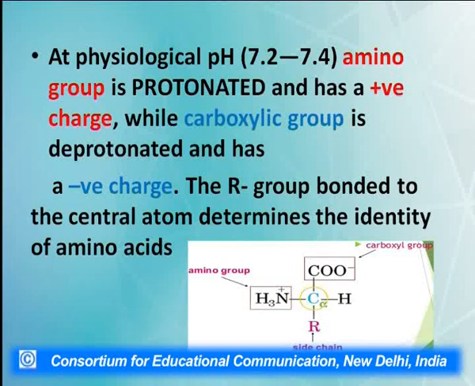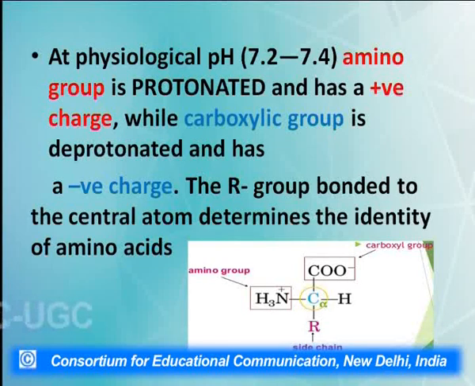The amino group acts as a base because of the lone pair of electrons on nitrogen, and it is protonated. It accepts a proton from the carboxylic group and carries a positive charge. The carboxylic group is acidic in nature and gives a proton to the amino group, so it undergoes deprotonation and is negatively charged.